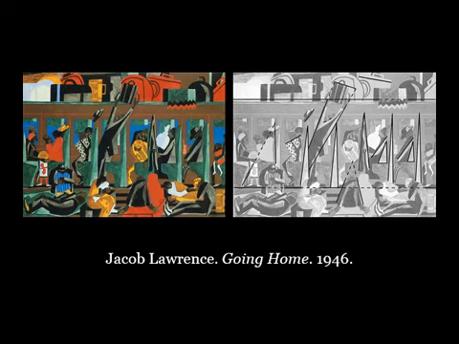Our next example is an example where unity and variety have come together to peacefully coexist within this work. This image on the left is the color original version of Going Home by Jacob Lawrence.